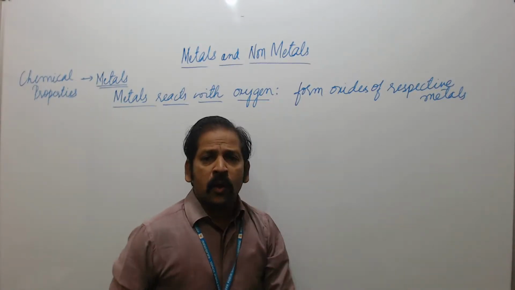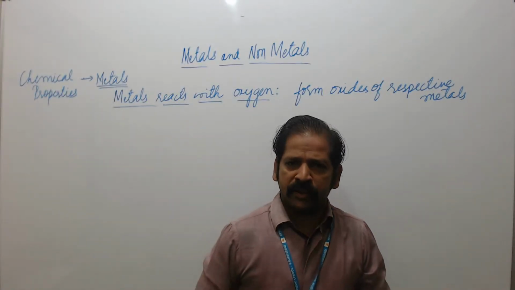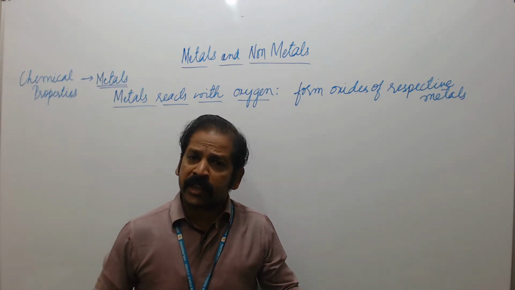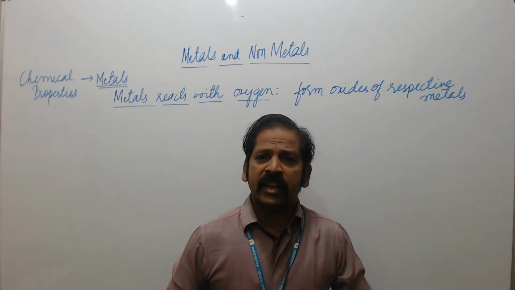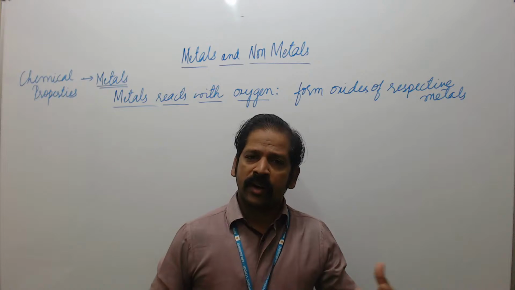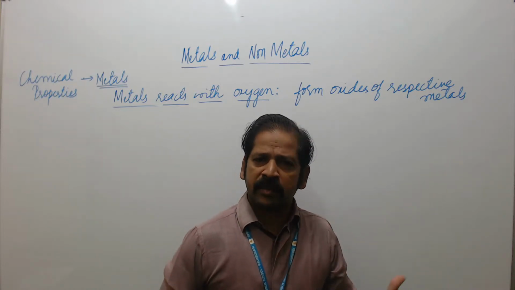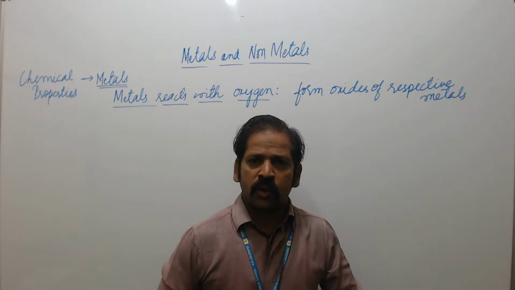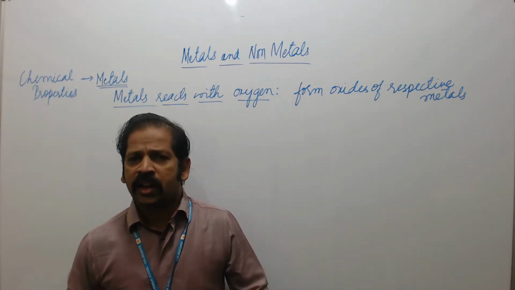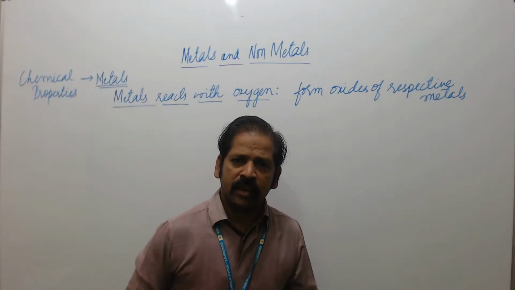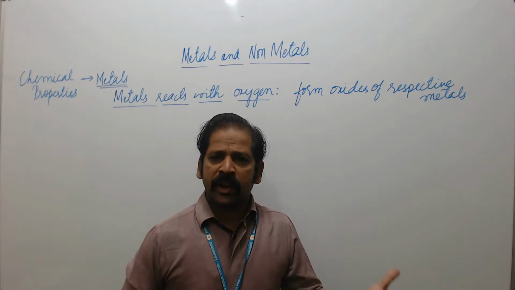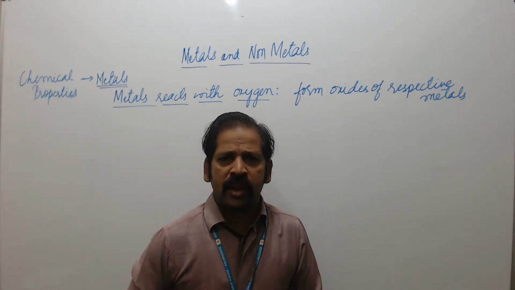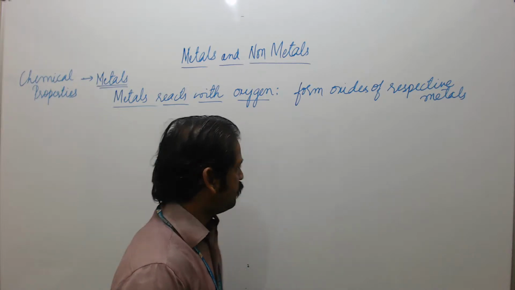For example, sodium is reacting with oxygen, magnesium is reacting with oxygen, potassium is reacting with oxygen, calcium is reacting with oxygen. What is the result? Sodium, potassium, calcium, they all form oxides of those respective metals. Sodium will become sodium oxide, calcium will become calcium oxide, potassium will become potassium oxide, magnesium will become magnesium oxide. We start with potassium and sodium.